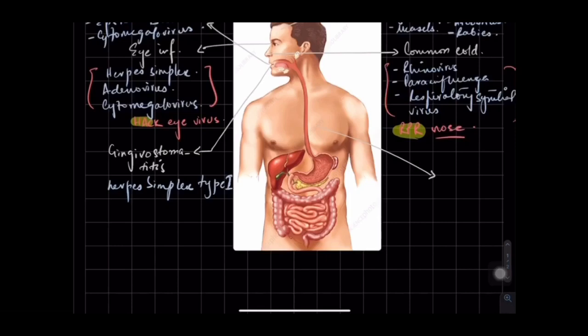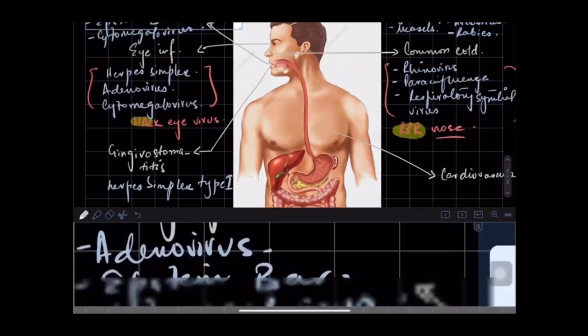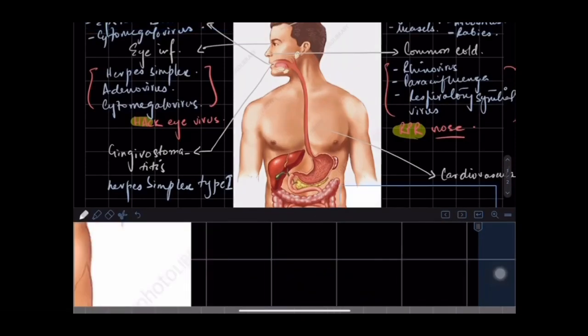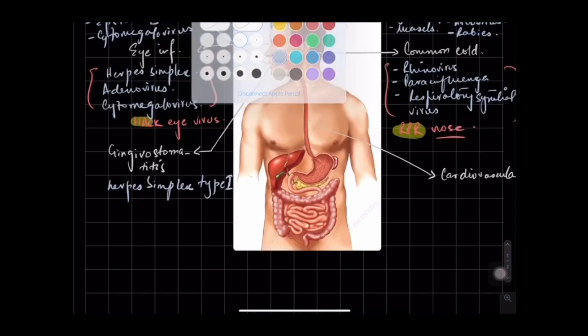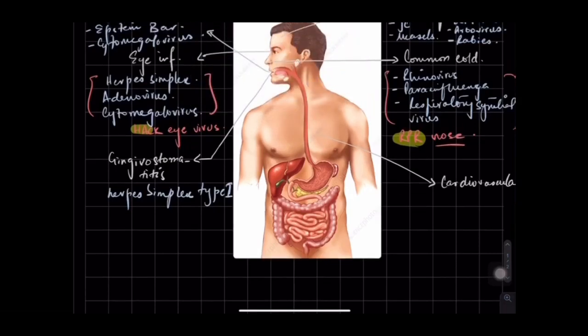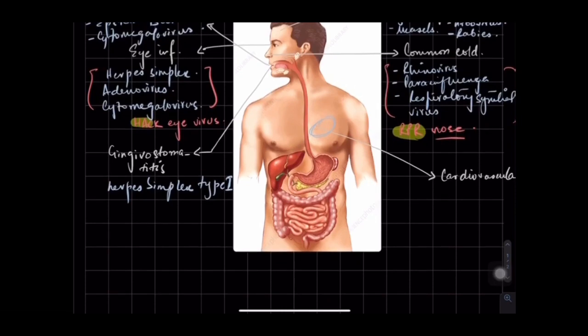Next is the inflammation in our heart, that is cardiovascular viruses, and the only virus that, oh, excuse me, yeah, the only virus that causes infections over here in our heart is Coxsackie B virus.